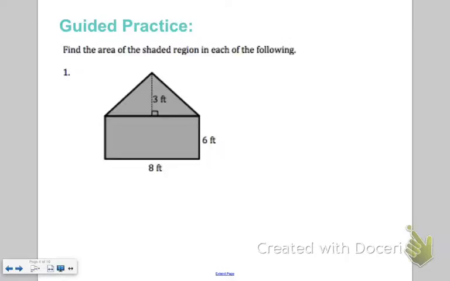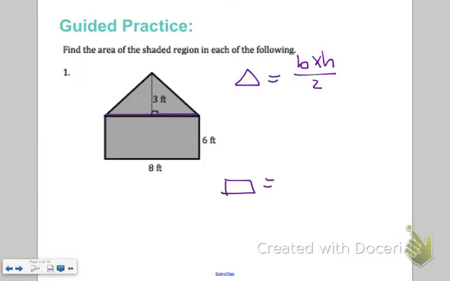So first think about the 2 shapes, or sometimes 3, that you're going to be finding the area of. In this case, we have a triangle and a rectangle. So I'm going to set up my workspace for the triangle and my workspace for the rectangle for the area of each. The formula for the area of a triangle is the base times the height divided by 2.